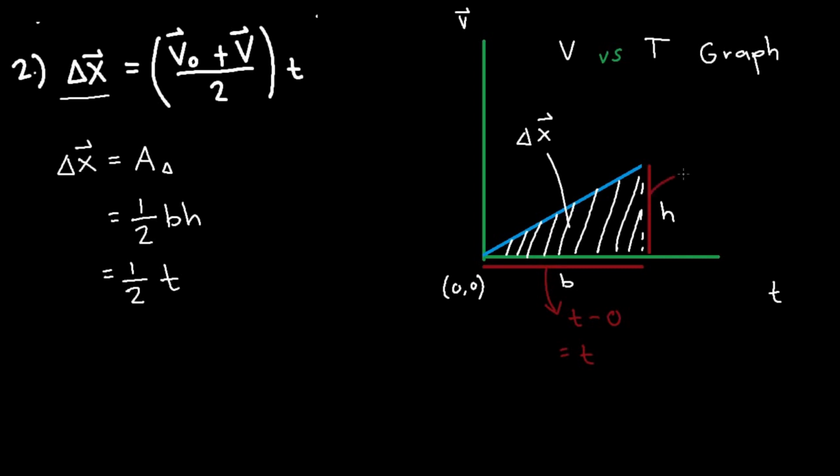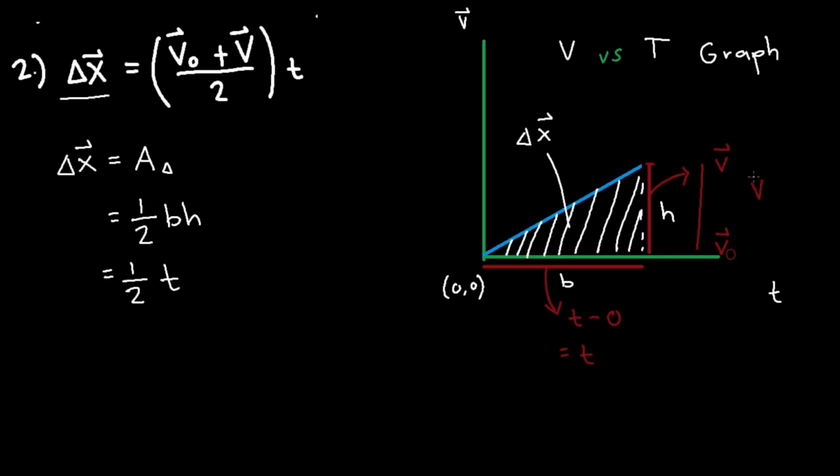Tapos ang height, kabalo ka nga, from diri nga part is the final velocity. Tapos diri nga part is the initial velocity. So therefore, imong height is i-add lang nimo ang duha.